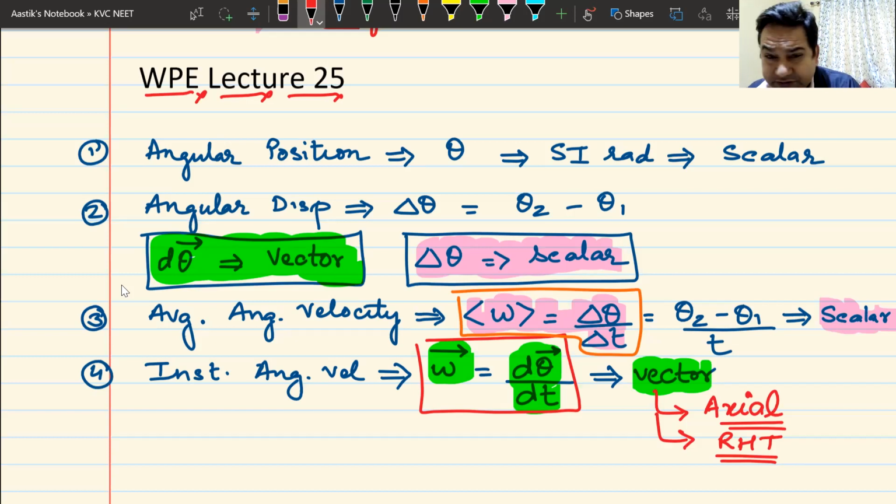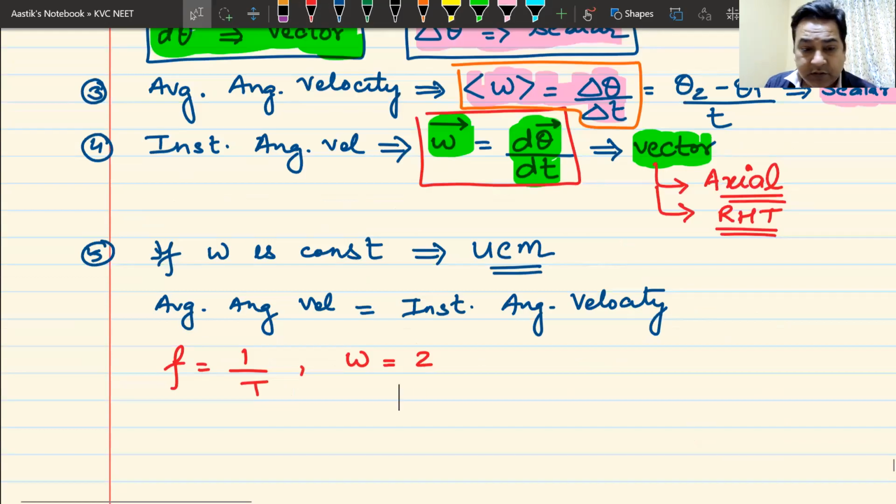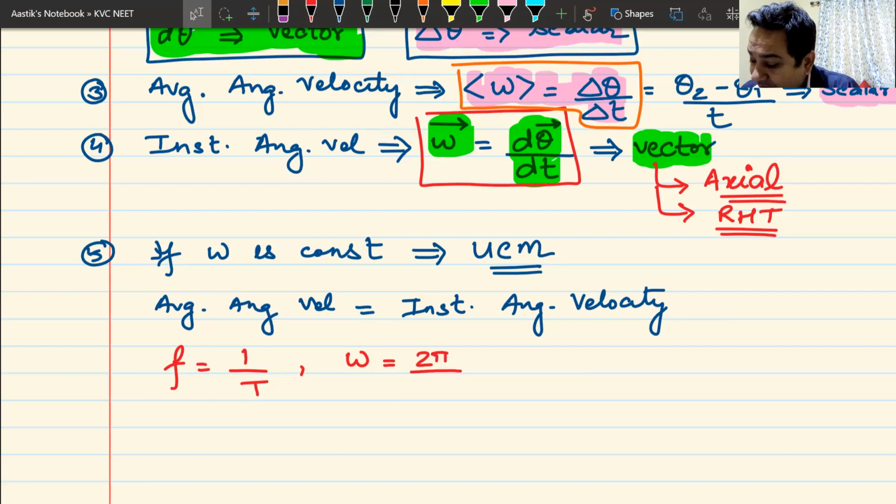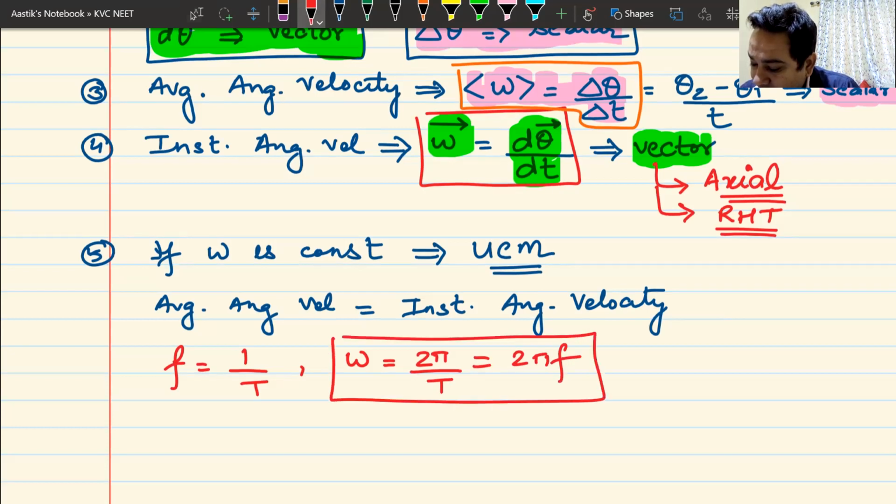Instantaneous angular velocity, and we had seen frequency is equal to 1 by T. Angular velocity omega is 2 pi by T, or it is equal to 2 pi into f.